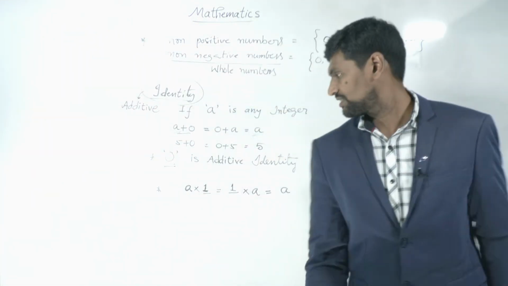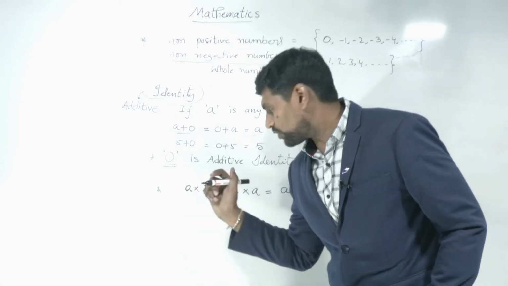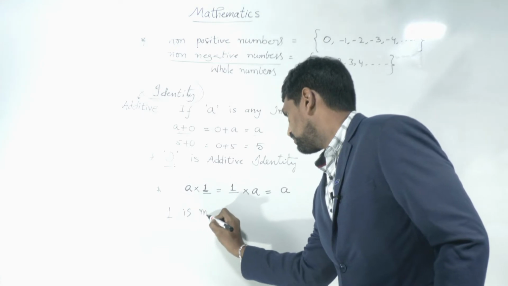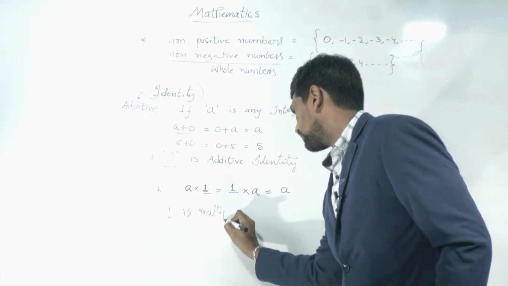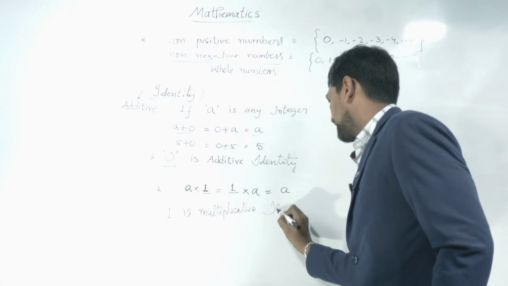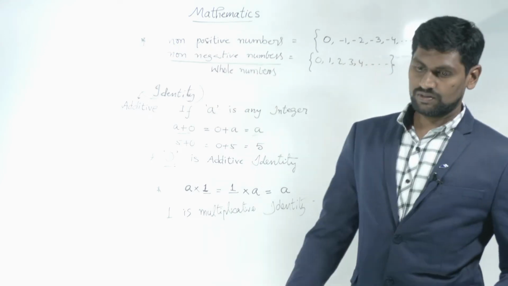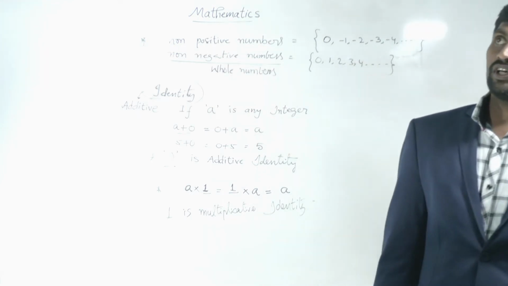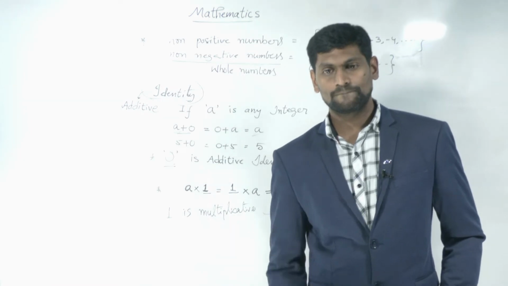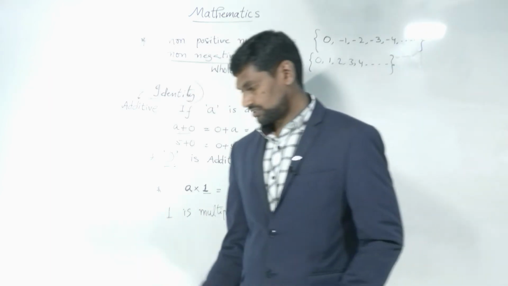So for this multiplication process, who is helping us? 1. So 1 is called the multiplicative identity. One is called the multiplicative identity. Got it, children? Please take a screenshot.